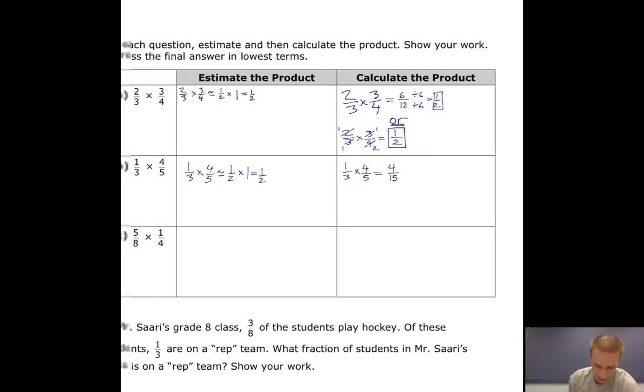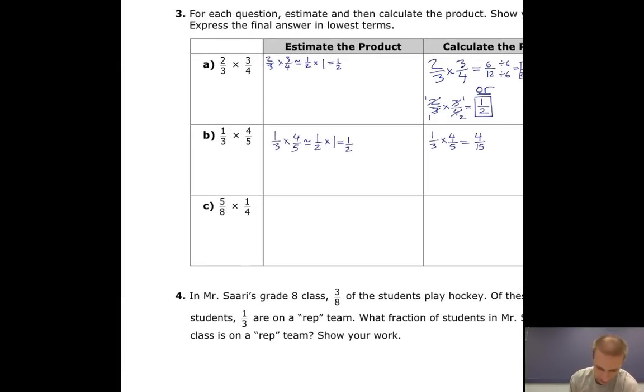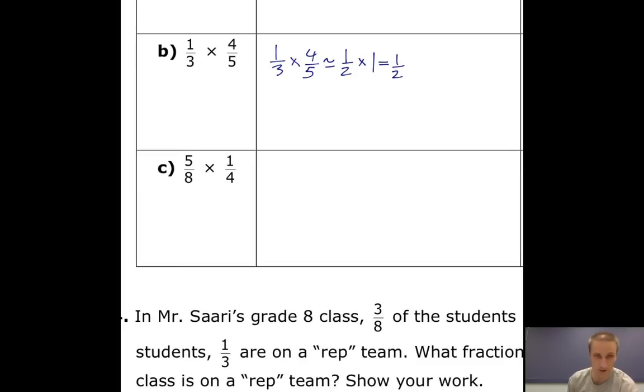All right, so we're on to our last example here. In this section, we're doing 5/8 times 1/4. So doing 5/8 times 1/4, we would say that 5/8 is approximately 1/2. 4/8 is actually 1/2.